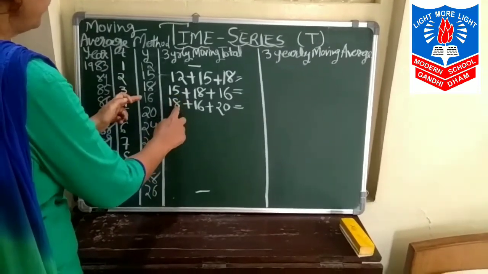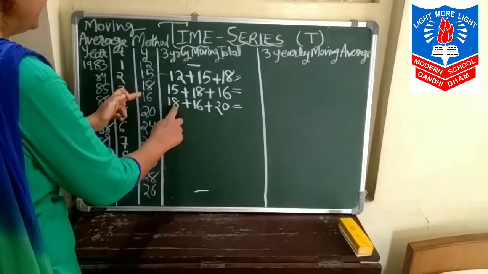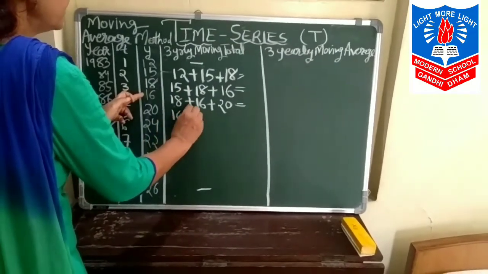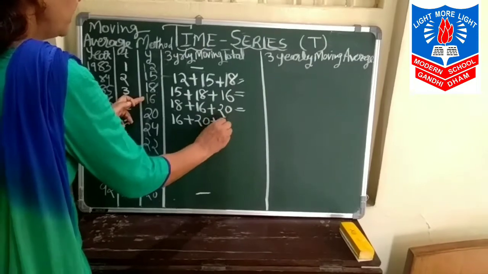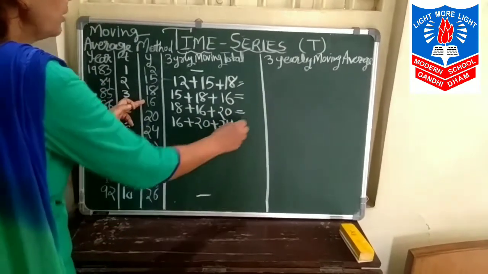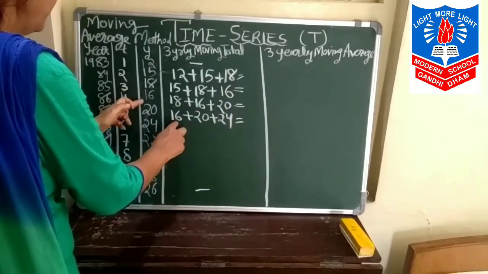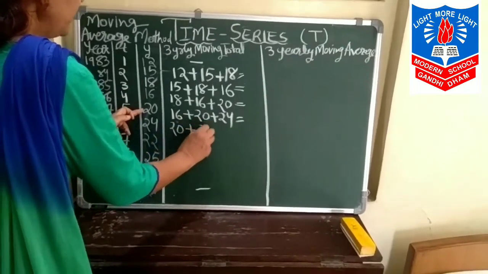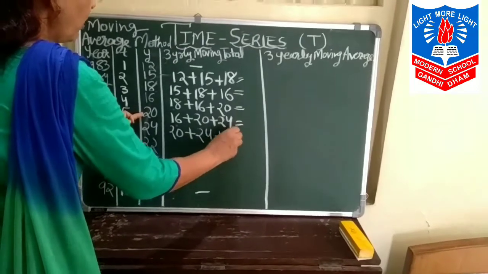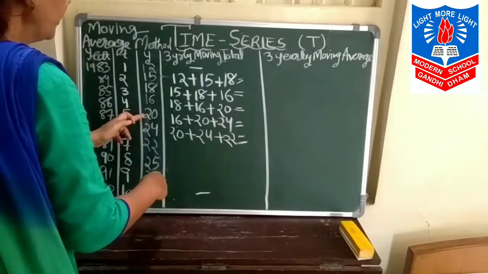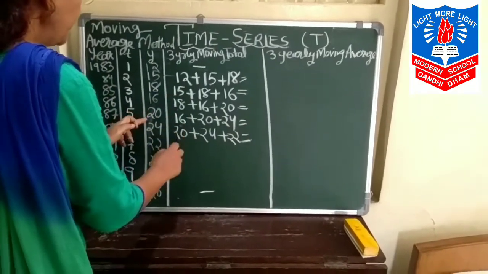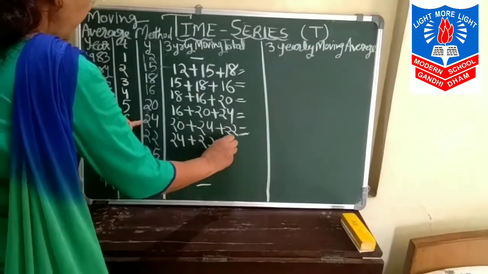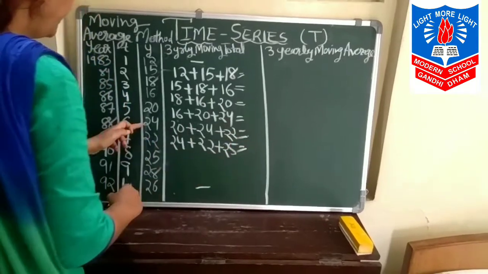Now our next will be after 15, 18. Now we skip 18 and we will start with 16 plus 20 plus 24. Next, we skip 16 and start with 20, 24 and 22. Next, we skip 20 and start with 24 plus 22 plus 25.